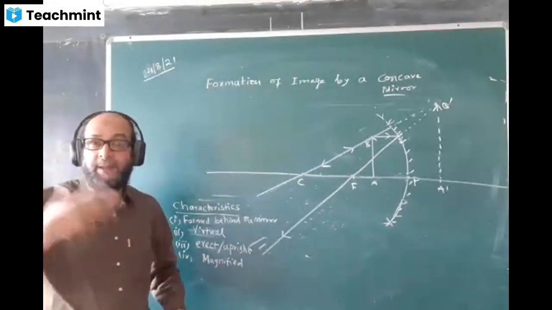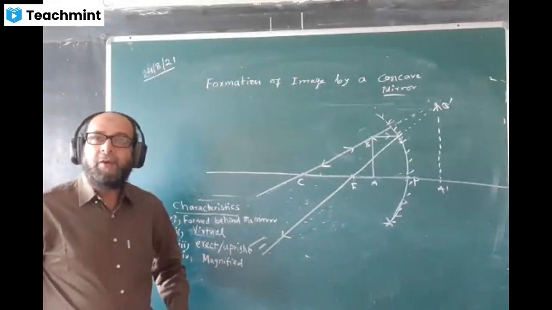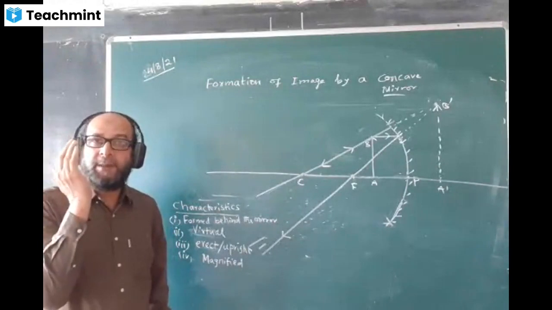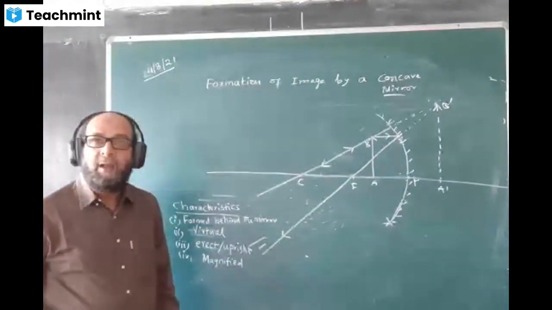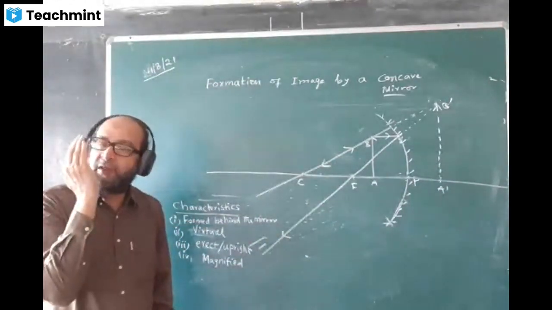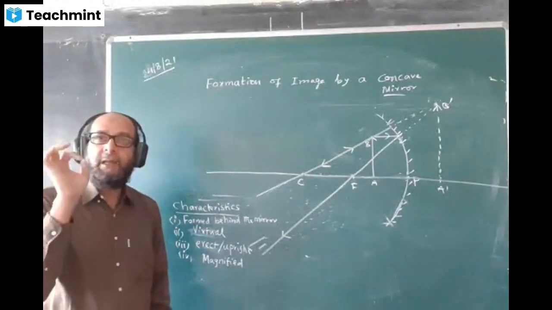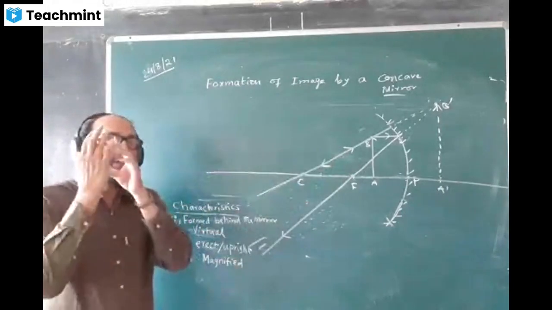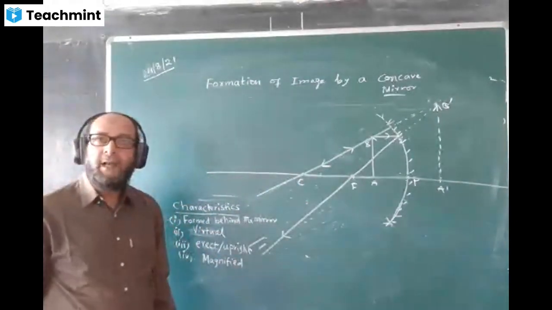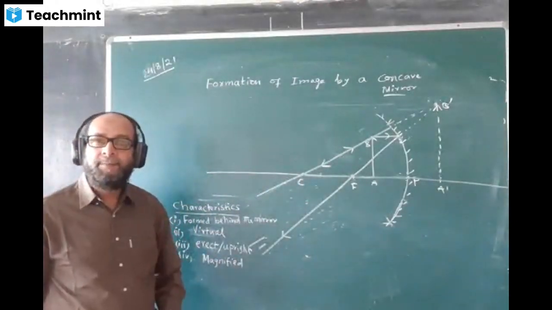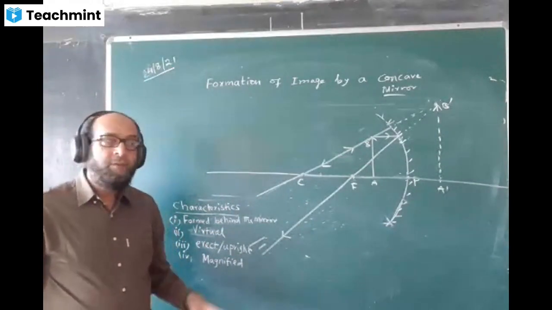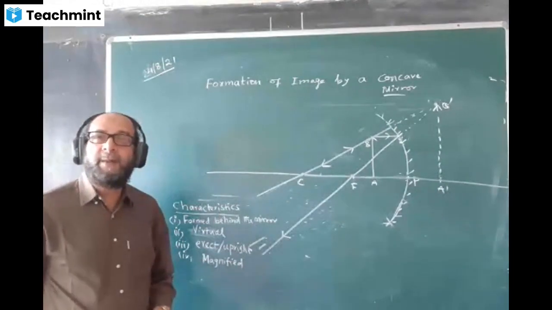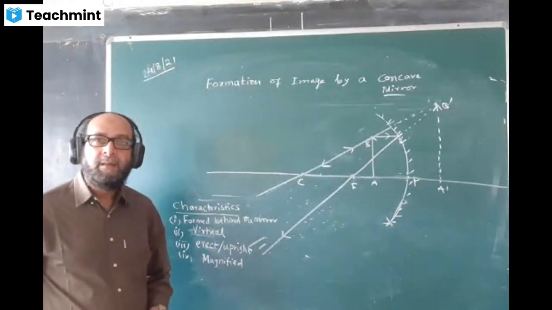Cosmetic means makeup mirror. Actresses and artists do makeup using a special kind of mirror. They keep the mirror very close to the face, and they can see any minor thing in an enlarged form. The image is formed behind the mirror, and they see that image directly.